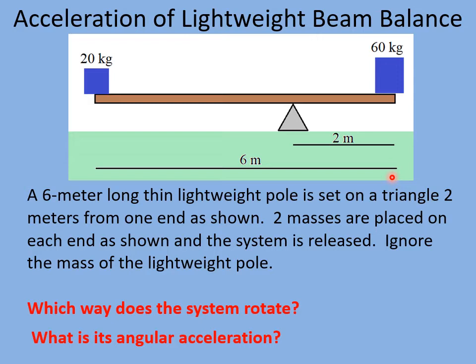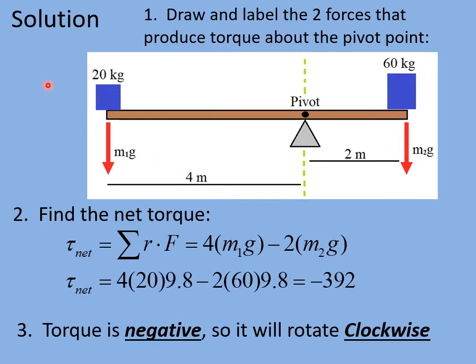So let's go ahead and solve this problem, figure out which way it rotates and what the angular acceleration is. We already did these first couple of steps in the last section, but just real quickly, I'll review it here. Each of these masses creates weight equal to mg pointing down.